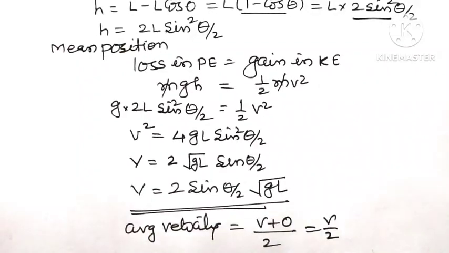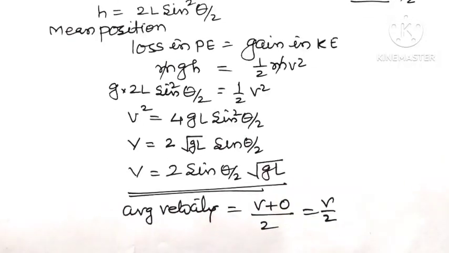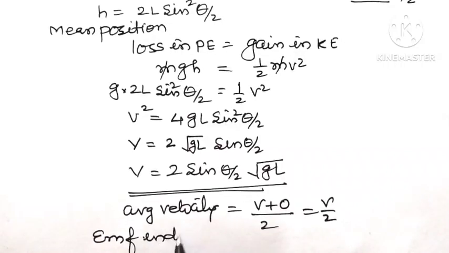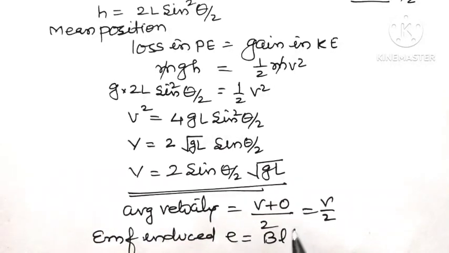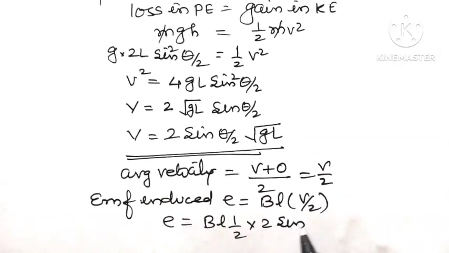Therefore, the EMF induced between the two ends of the pendulum, E, is equal to BLv, where the velocity is v by 2. So E is equal to BL into v by 2. In place of v we write 2 sin theta by 2 into root gL.